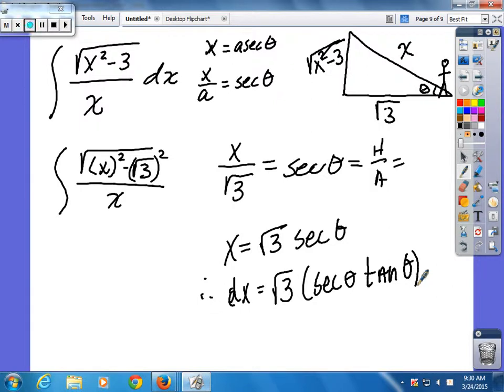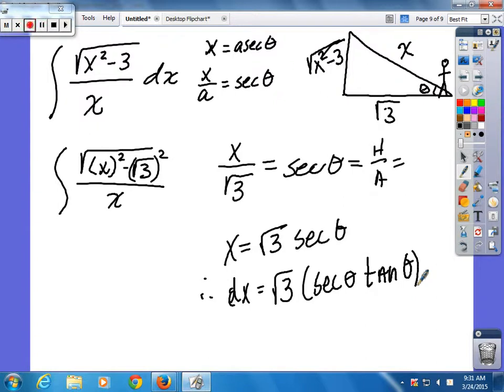We've got the square root of x squared over 3 minus 3. The tangent would be, Oscar had a hunk of apple. Yeah, the square root of x squared minus 3 over the square root of 3 would be your tangent.